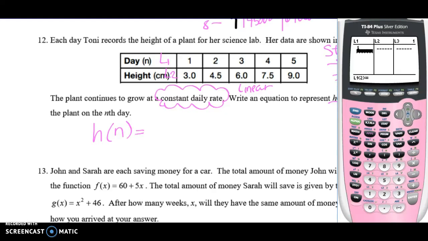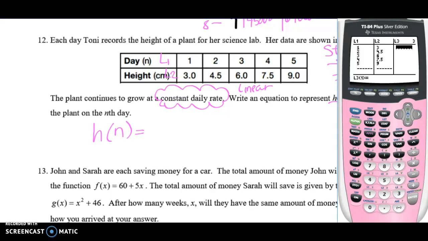L1, 1, 2, 3, 4, 5. L2, 3, 4.5, 6, 7.5, and 9.